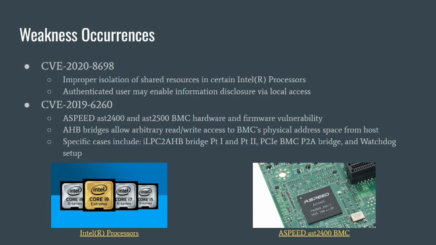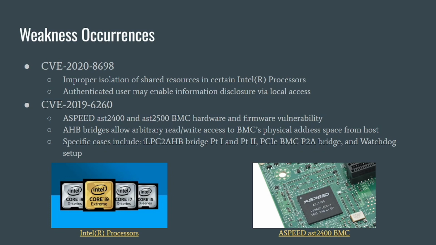There are two weakness occurrences of CWE 1189. The first being CVE 2020 8698. Improper isolation of shared resources in some Intel processors may allow an authenticated user to potentially enable information disclosure via access.